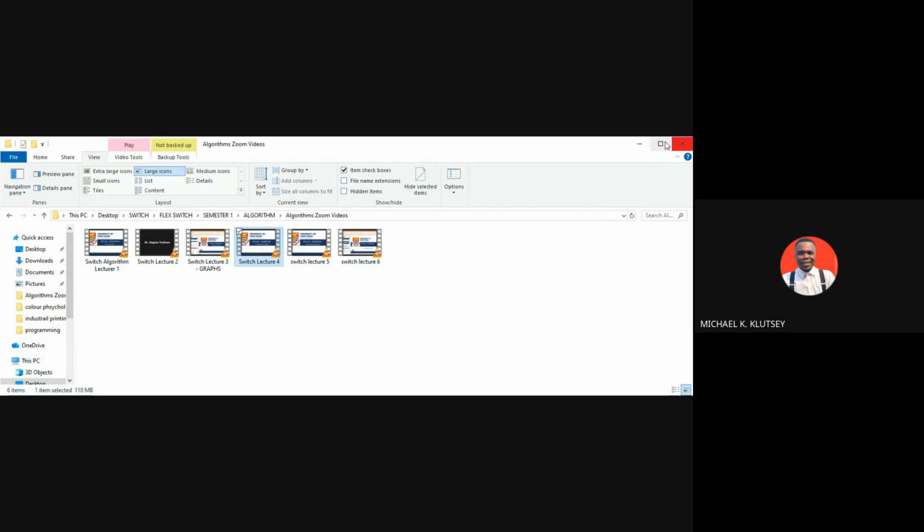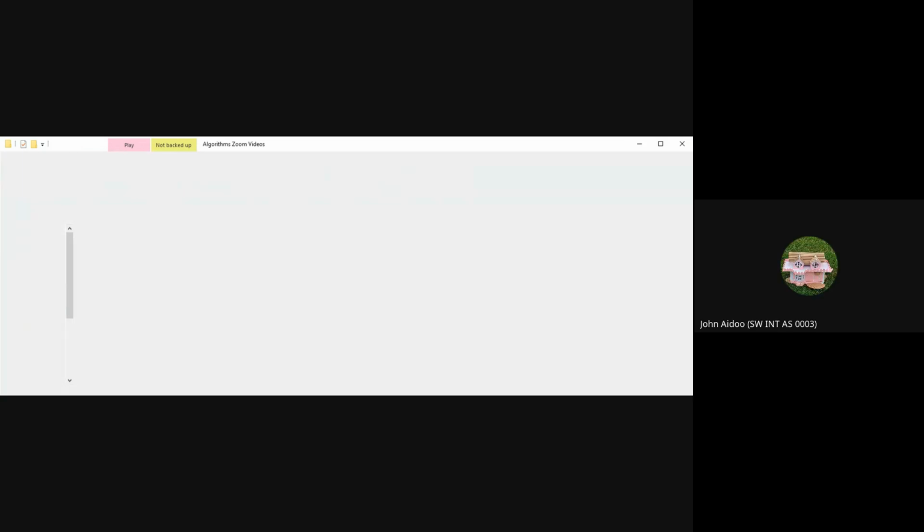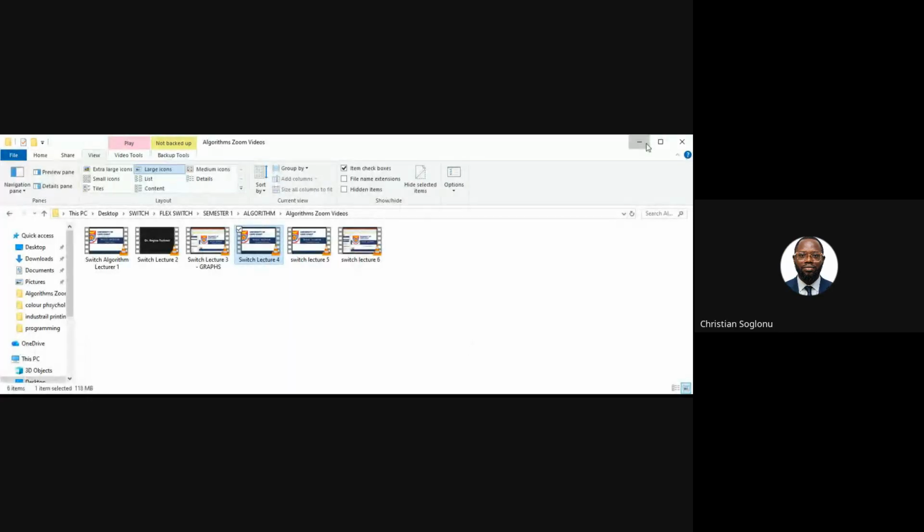Minimize it. I've minimized it. Is it showing? No. You've not minimized it. I've minimized it. Okay, minimize it and let's see. I've done it. It is still not showing.